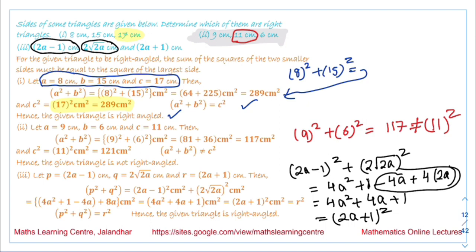And the third value over here is 2a plus 1, and we are getting the answer 2a plus 1 whole square. So hence the given triangle is a right angle triangle, it is possible that there will be a right angle triangle with these three values.